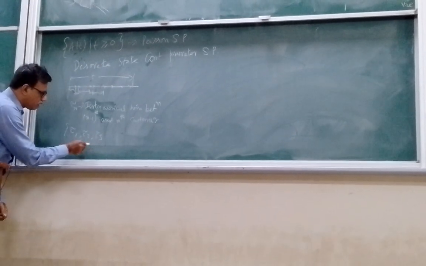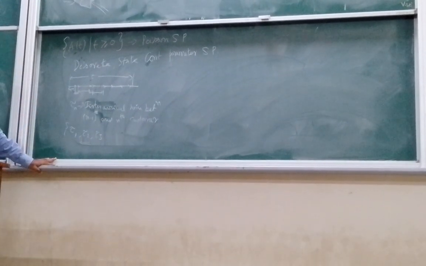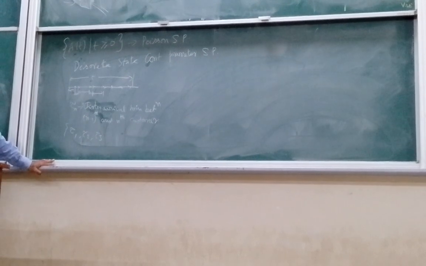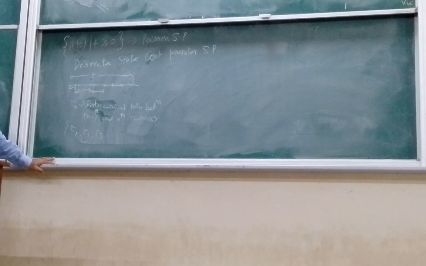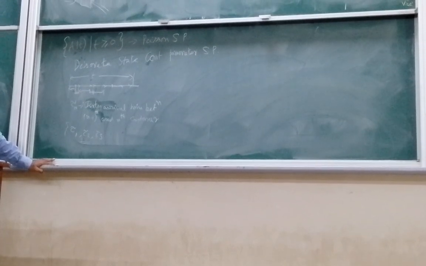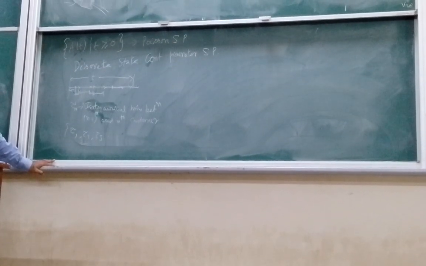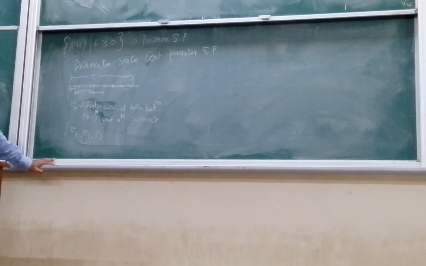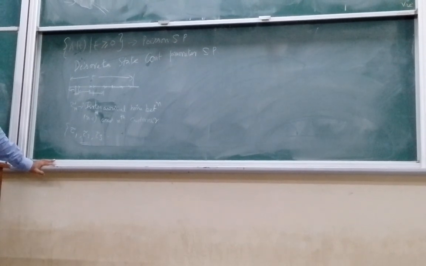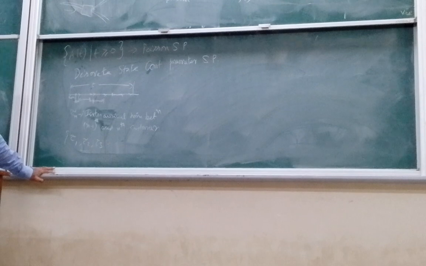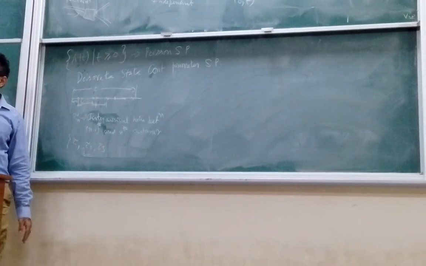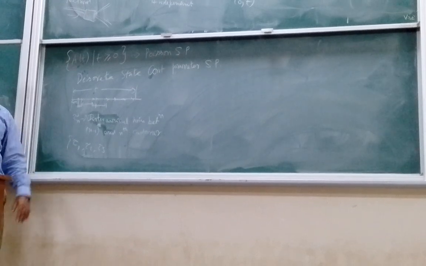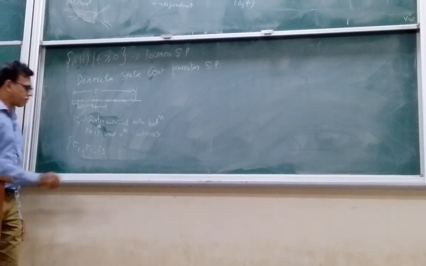What can you tell about these quantities? Are they random variables, tau 1, tau 2, tau 3 and so on? Yes, they are random variables because you can't predict. After the third customer, when the fourth will come, you can't predict. So you have a sequence of random variables, and this is also a stochastic process.